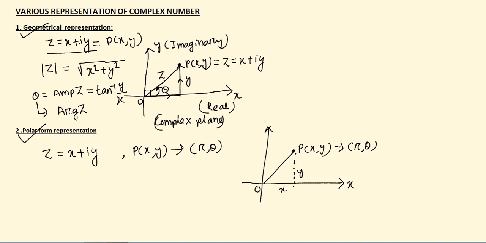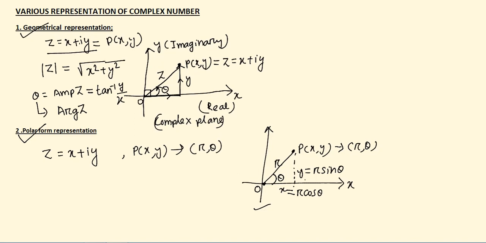So the line connecting the pole to the point P is r, and this complex number makes an angle theta with the real axis as shown in the figure. Now by using vector resolution we can find x equal to r cos theta and y equal to r sin theta.